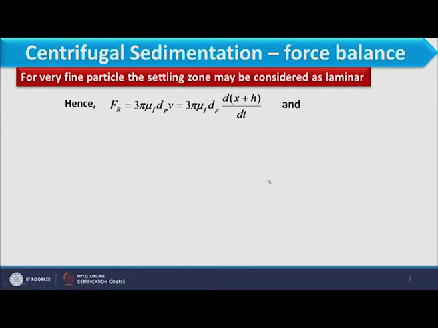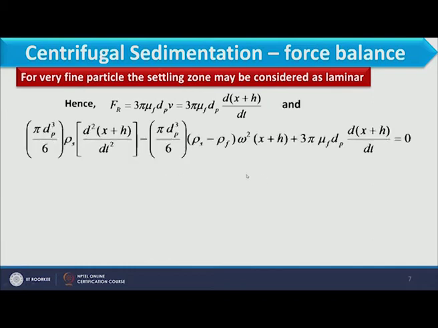Once we put this in the previous expression, we have replaced the mass of the particle with volume of the particle into density, and this is the acceleration term. The same m we have replaced, the rest of the parameters are as they are, and Fr we have kept like this.